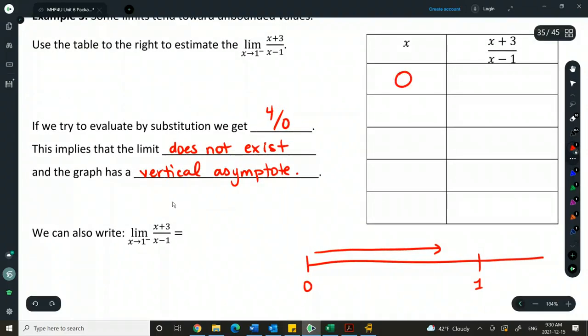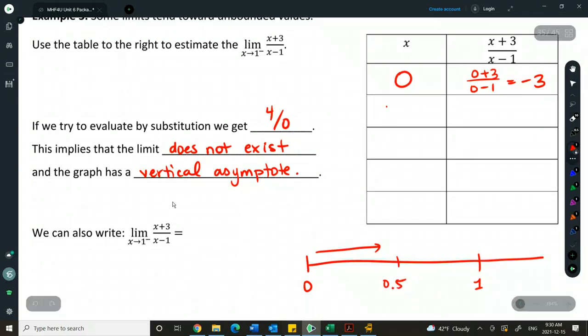When x equals 0, we'll sub in 0 into our equation, and we'll get negative 3. Now I want to move a little bit closer to 1 from the left. So perhaps we try 0.5. We're going to try that out in our function here. I'll need a couple of people calculating here.